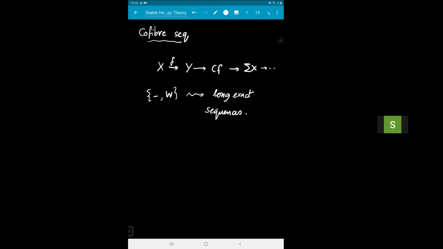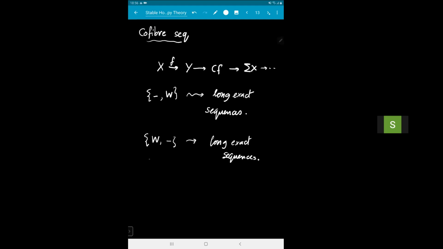But the thing which did not happen for spaces is that if I apply this functor, they also give long exact sequences. That's a simple check with the fact that the suspension is invertible, and I will leave it as an exercise. In fact, Srikanth has already mentioned this in some form in his lecture, so I will not even elaborate on that.